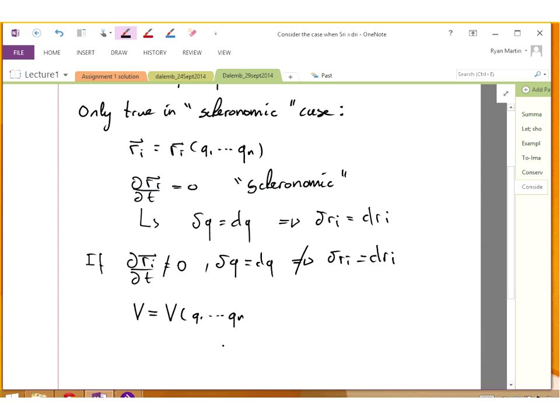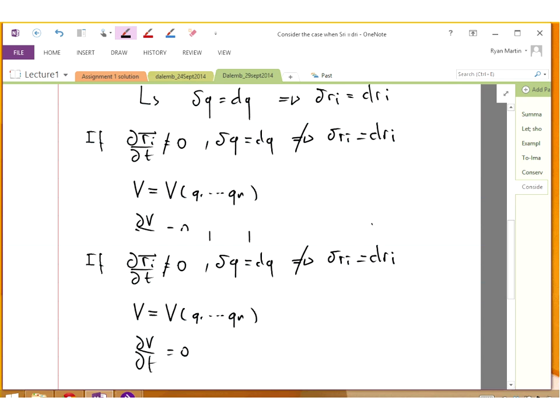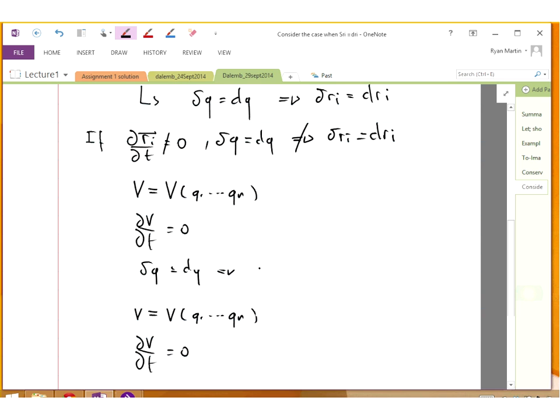And if ∂V/∂t equals 0, so that the potential does not explicitly depend on time, then we also find that if we set the δq equal to the dq's, that means that the δV's will be equal to the dV's.